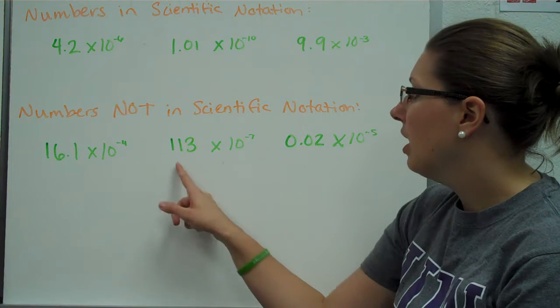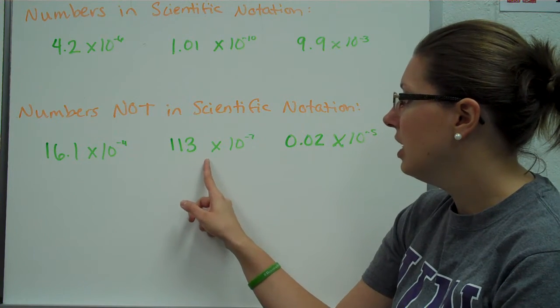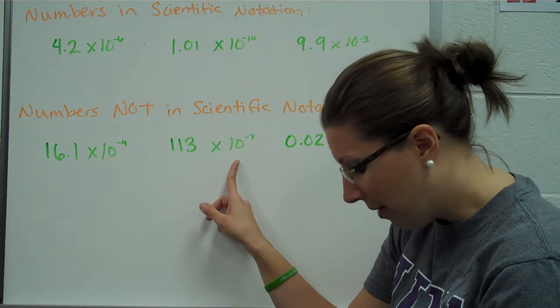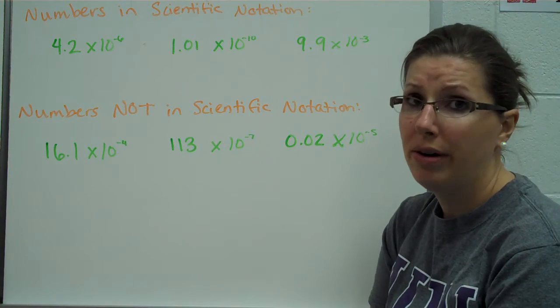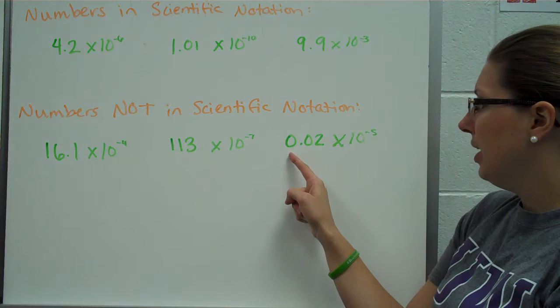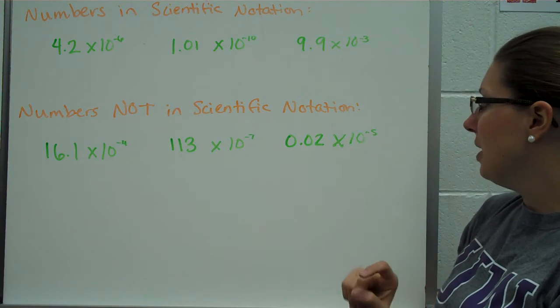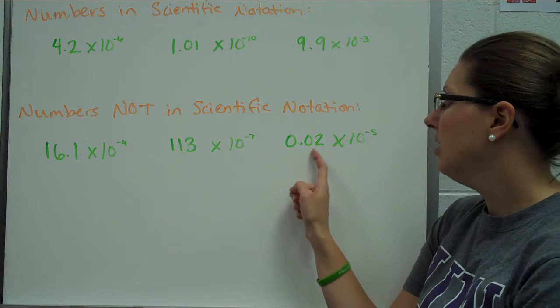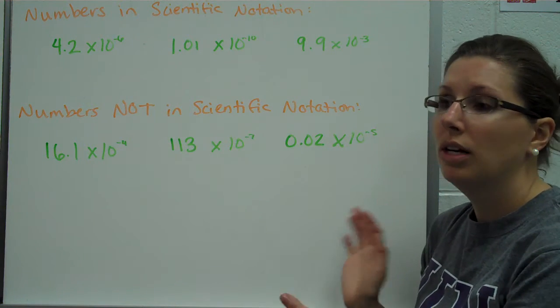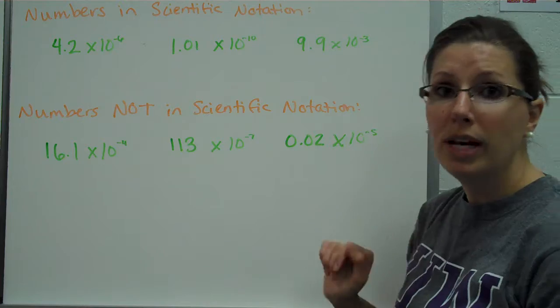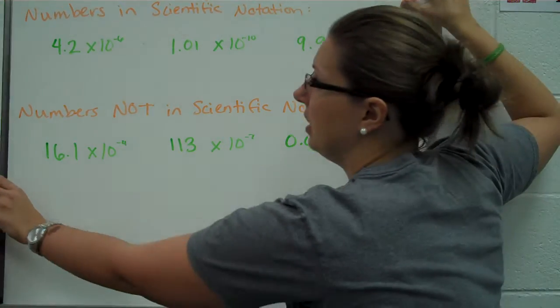Here's another number, 113 times 10 to the negative 7th power. Not in scientific notation because this leading number is greater than 10. And then this number here, 0.02 times 10 to the negative 5th. This number is less than 1, so it doesn't work for us when we're looking at scientific notation. Always be careful of that when you see a problem.